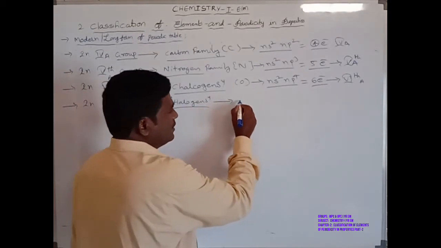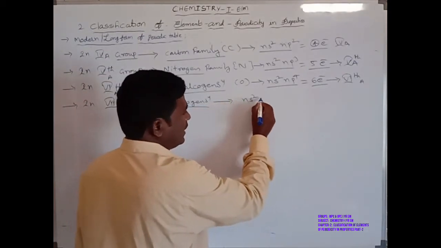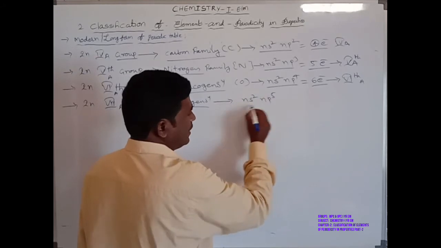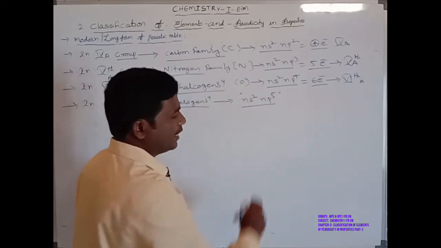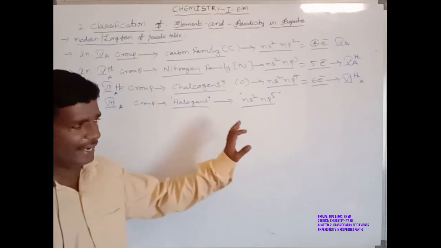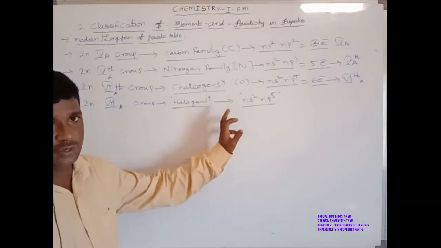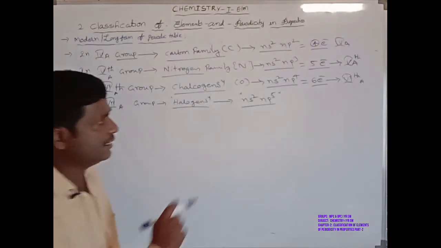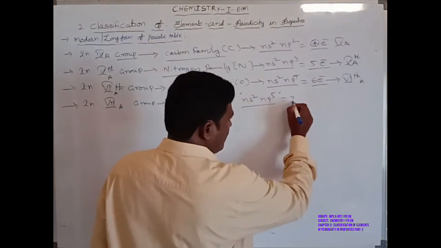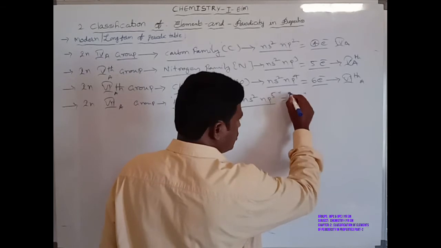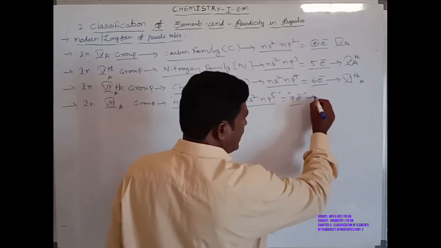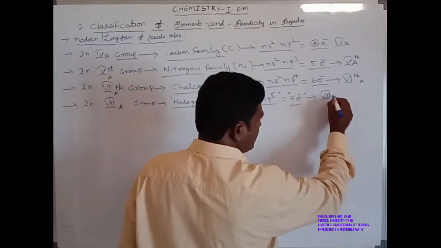Here is the electron configuration: ns2np5. The s orbital consists of 2 electrons and the p orbital consists of 5 electrons. In total, there are 7 valence electrons in the outermost shell, so it is also called the 7th A group elements.